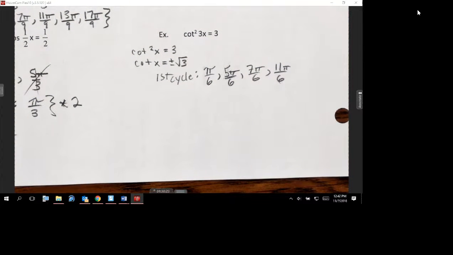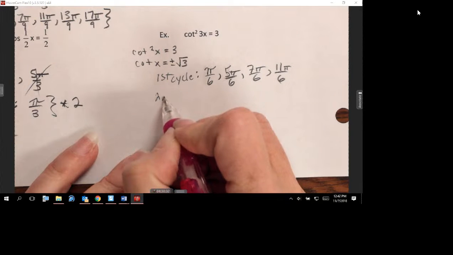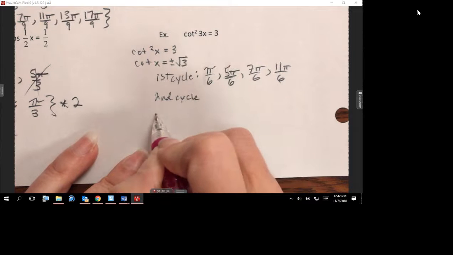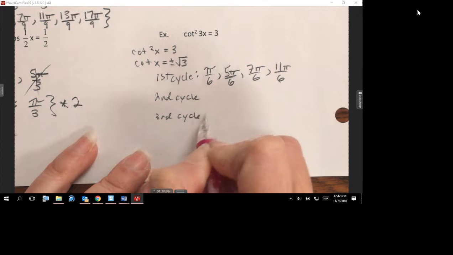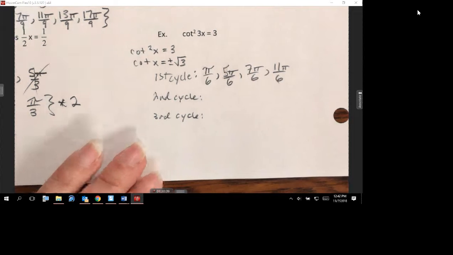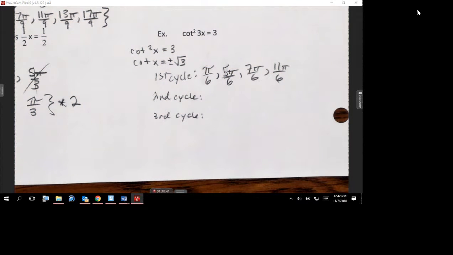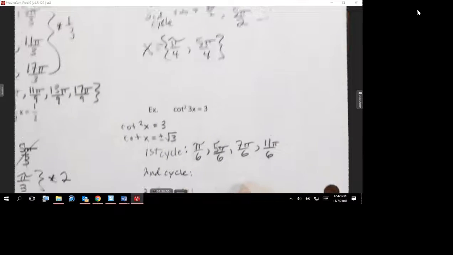So, how many cycles will I have? Here's my first cycle. I need a second cycle and a third cycle. What will I be adding each time to get to the next cycle? 2 pi.